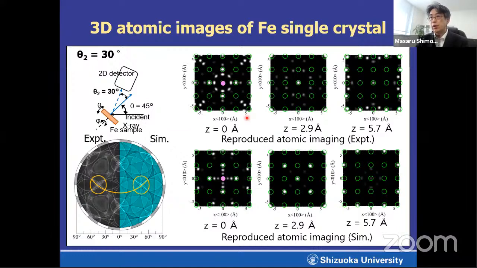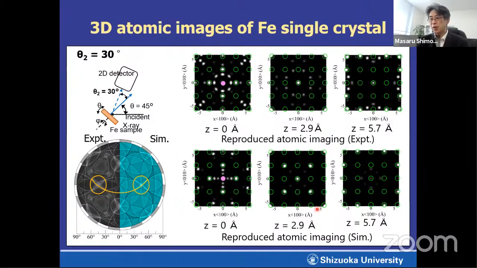Z equals 0 means it is the same plane as the emitter atom. Z equals 2.9 angstrom corresponds to the plane one unit cell higher, and Z equals 5.7 corresponds to two unit cells higher than the emitter. And the bottom three images show the reproduced atomic image from the simulation.